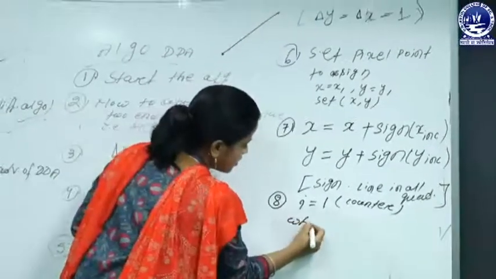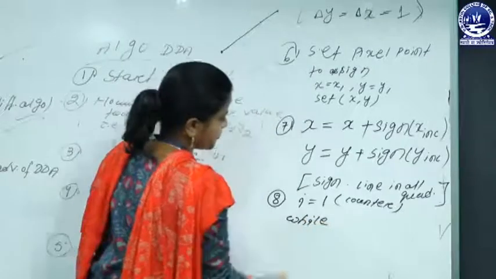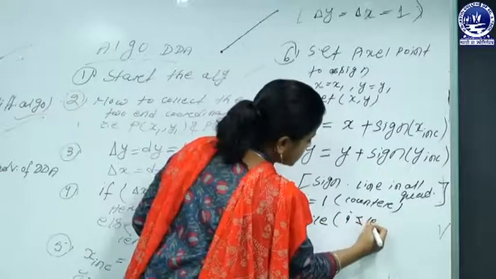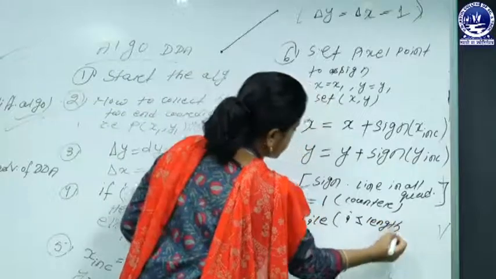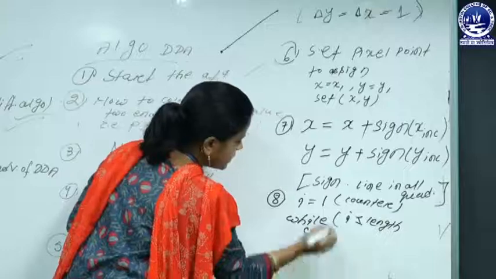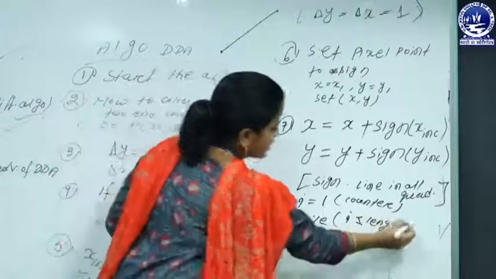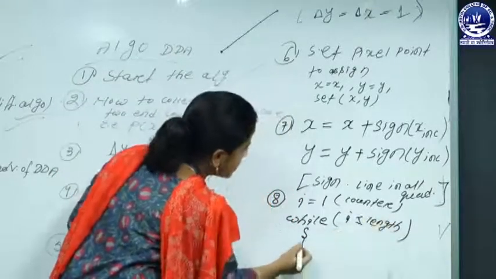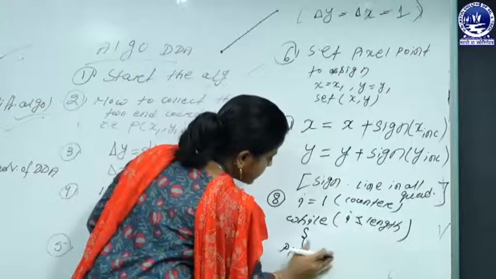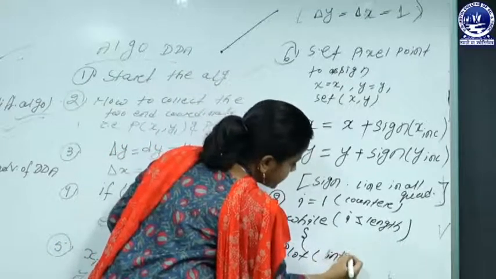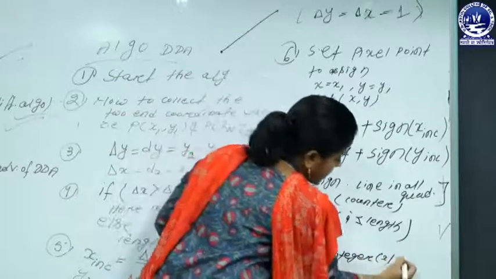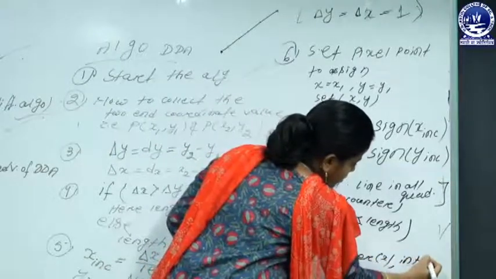So here the function is while I is less than or equal to length, then it is executed by using this condition. First we have to plot the x coordinate value in the format of integer of x, integer of y coordinate.